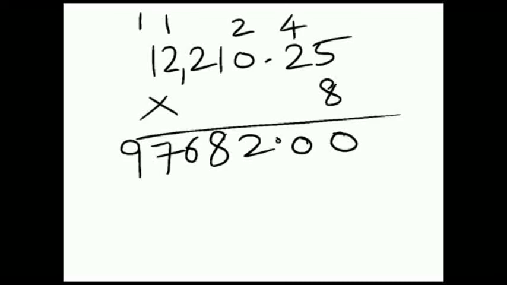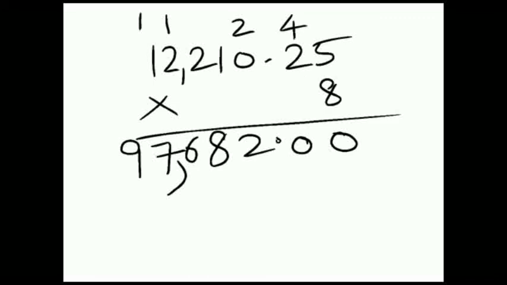Okay. After multiplying 12,210.25 into 8, the answer is 97,682. Of the number 12,210.25, you have only one decimal point. After decimal point, there are 2 digits. So before 2 digits will come decimal point.